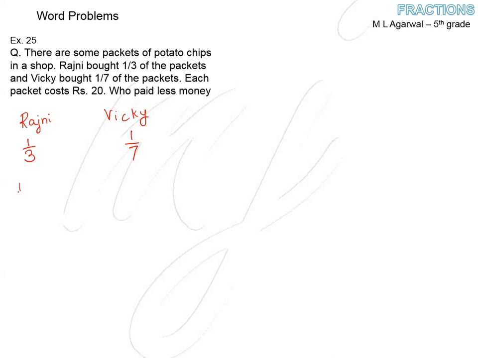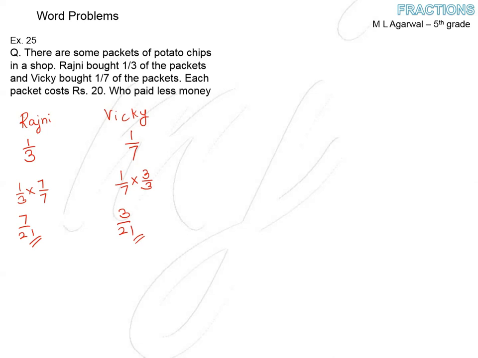I will make this 1/3 multiplied by 7/7. Correct? And here 1/7 multiplied by 3/3. So this will become 7/21 and this will become 3/21. Now we get the terms of like fractions.